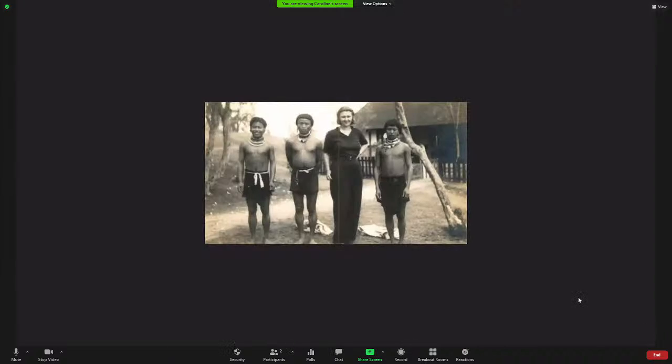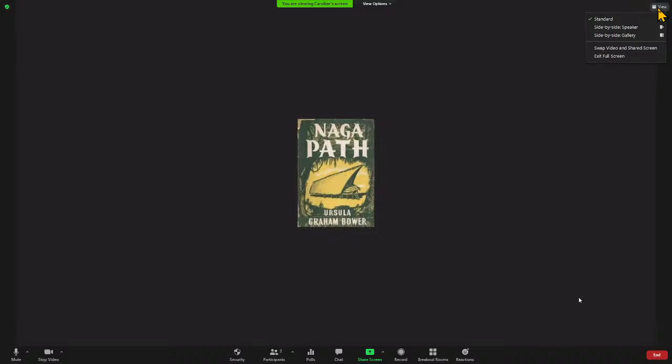Trina's connection to northeast India stemmed from her mother's time out there. Her mother was Ursula Graham Bower, who went off to Manipur State in 1937, loved it and its people, and returned in 1939, and then spent the war there. The story of her mother's adventures is in a book, her book Naga Path, which is quite a fascinating read.